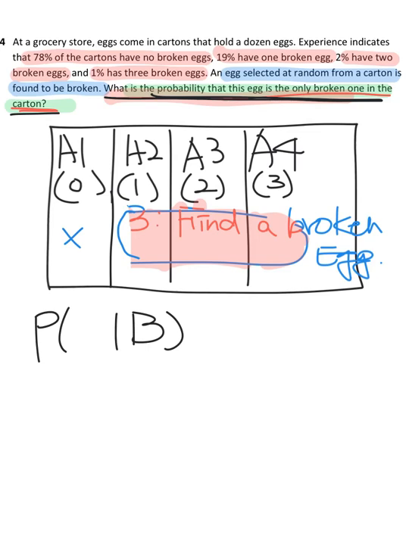And we need a chance, a probability, that it is the only one. If it must be the only one, then which one of A1, A2, A3, A4? A2. Because A2, we defined, was the boxes which have only 1 broken egg.